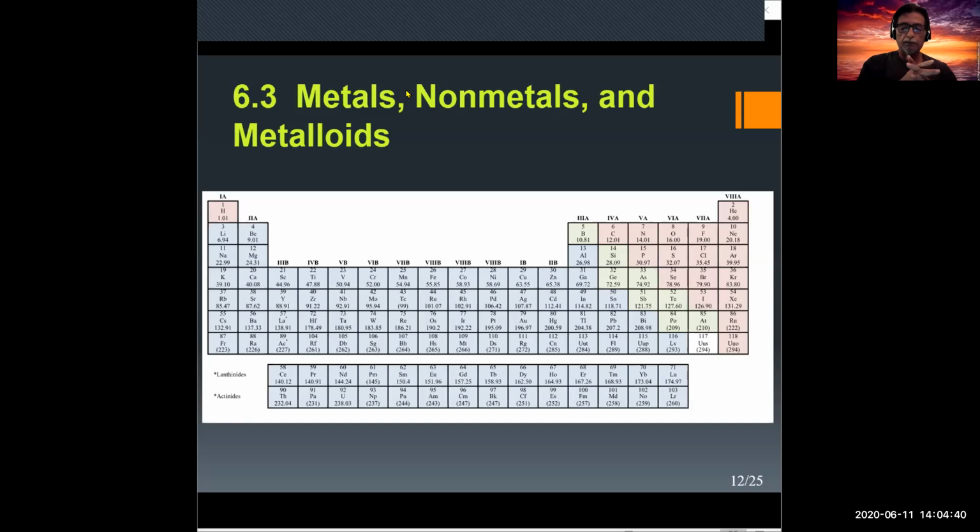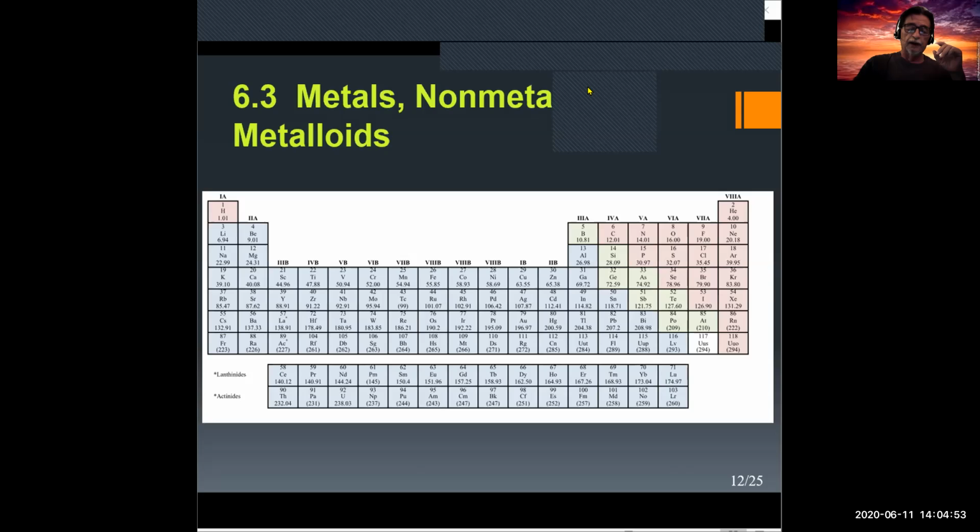So refresh your memory as to which elements are the metals, which elements are the nonmetals. And if you forget, look at this area here that's dark and starting with boron. If you go diagonally across, and then come straight down, and then shoot across to arsenic, and then straight down, and then across, straight down, and then across.